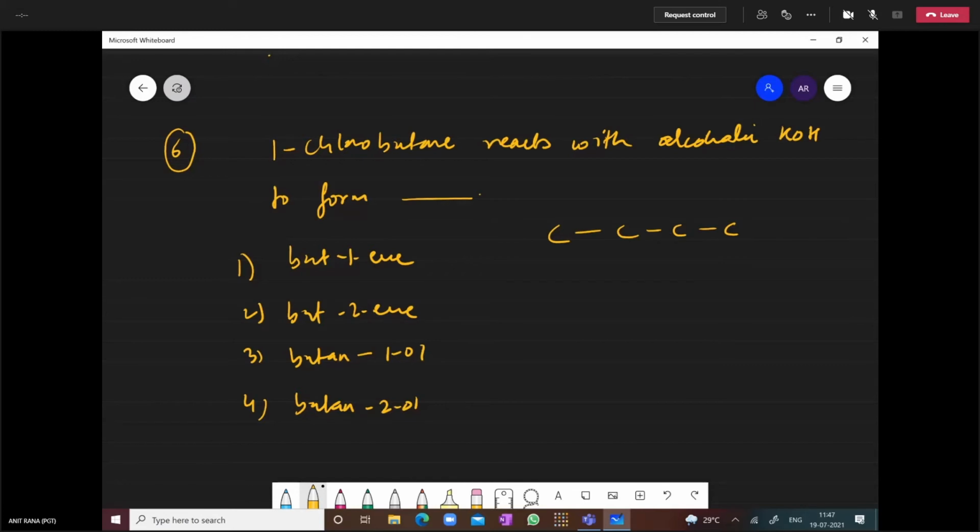This is your 1-chloro. So there is only one possibility: the double bond will come only between the first and second carbon. But-2-ene is not possible. Suppose I replace this by 2-chloro and then go with alcoholic KOH, what will be your answer?